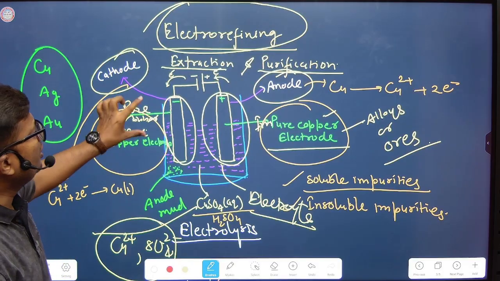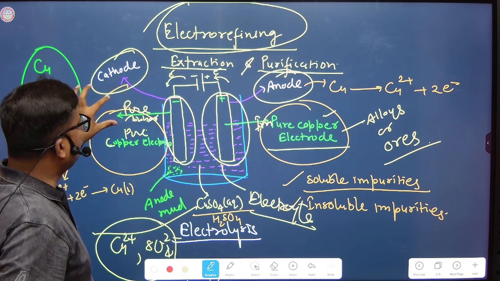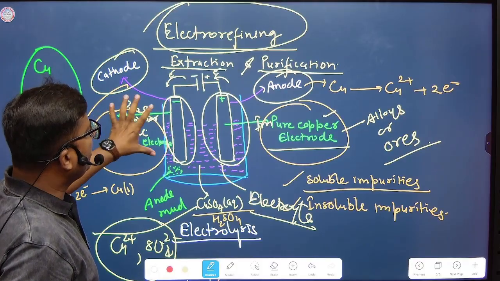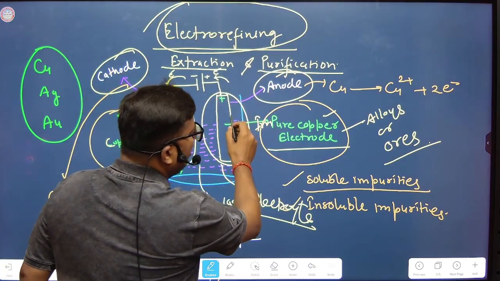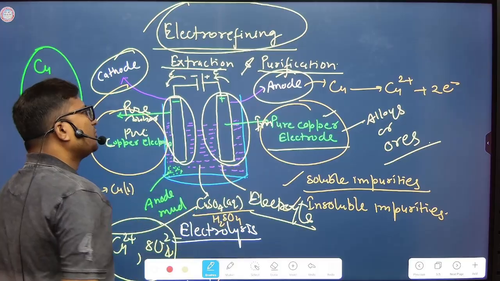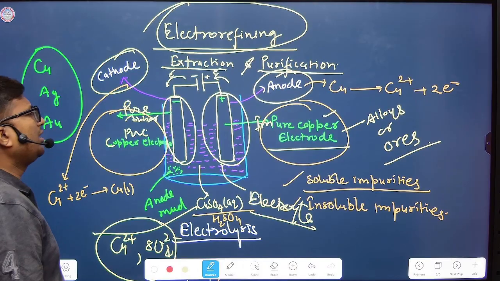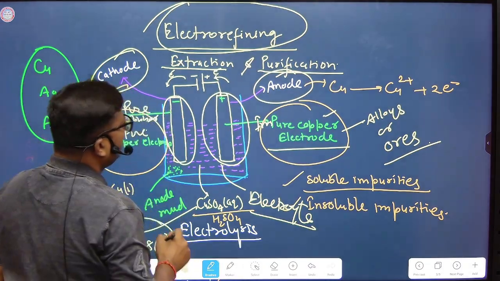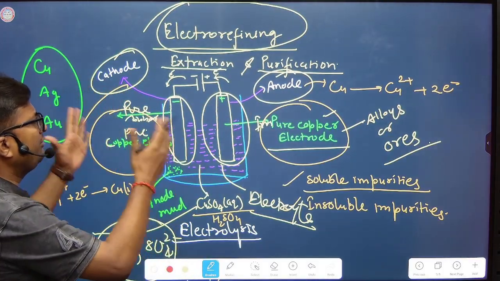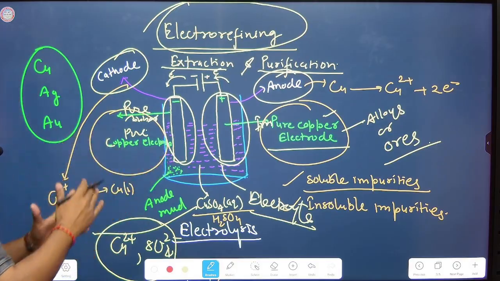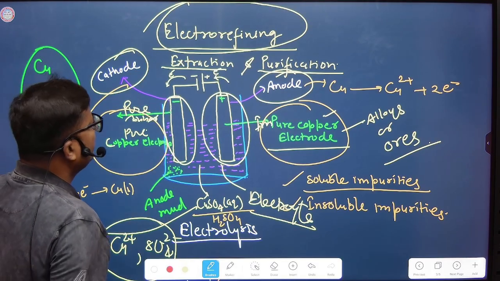Similar to the electrolytic cell, the negative pole of the battery is connected to the pure copper electrode, and the positive pole of the battery is connected to the impure copper electrode. Now if the battery is on, the cathode gets negatively charged and the anode gets positively charged.